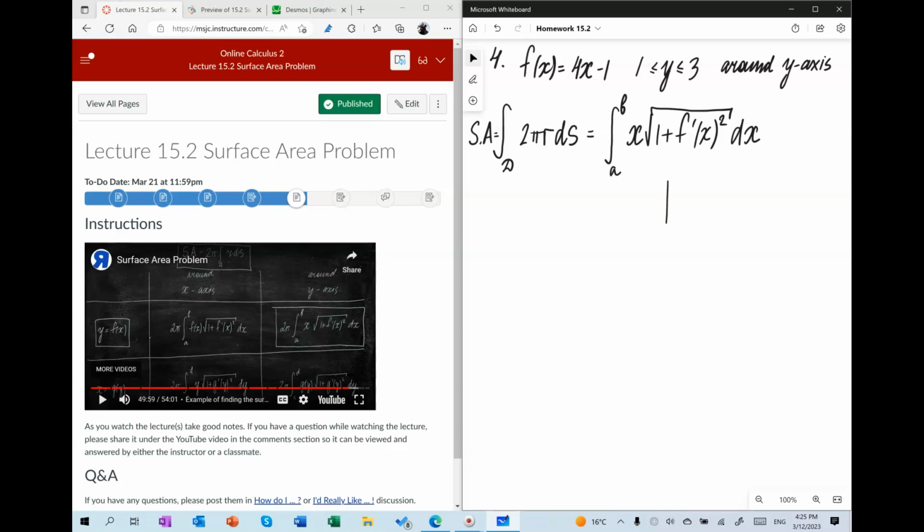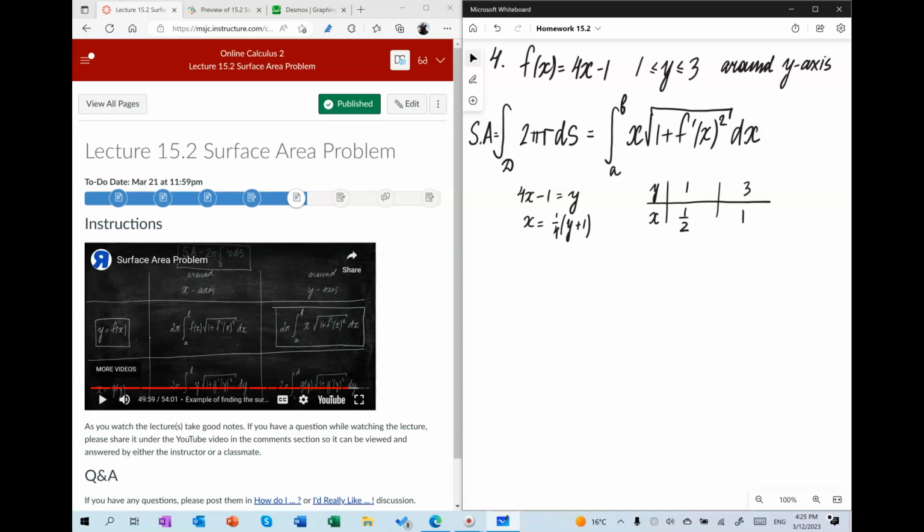We have the limits for y, so these are my c and d, but for each y I need to compute x. So I just need to solve this equation for x. So x will be equal to 1/4 of y plus 1. So when y is equal to 1, x is equal to 1/2, and when y is equal to 3, x is equal to 1.